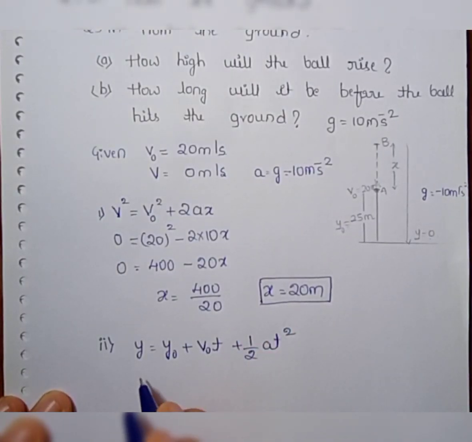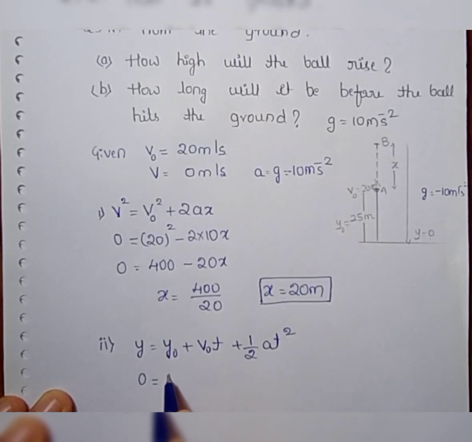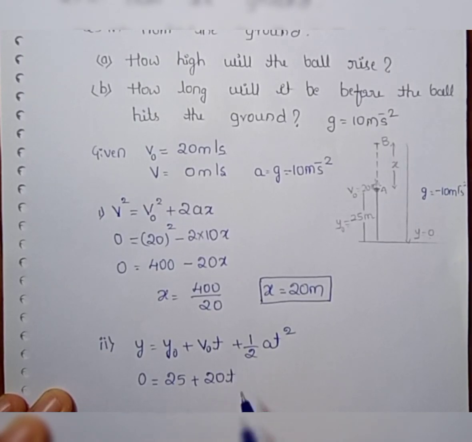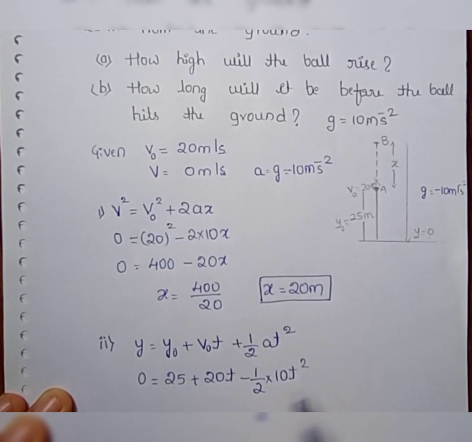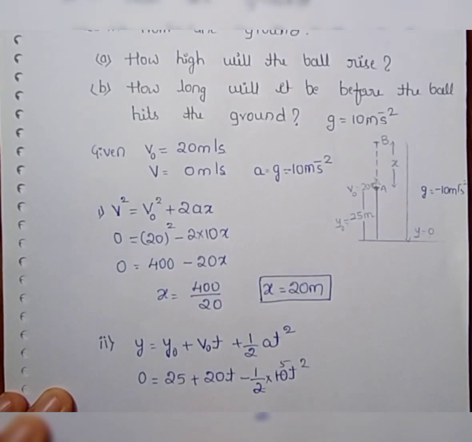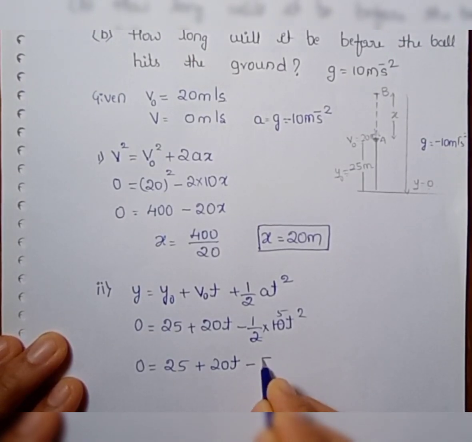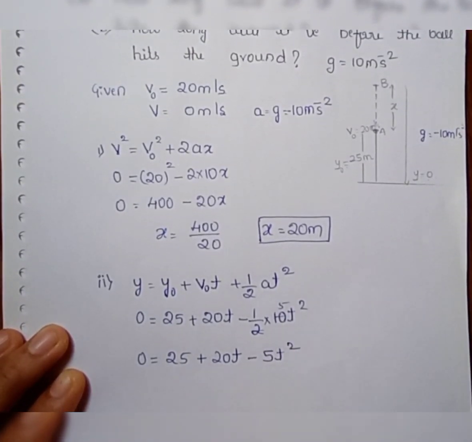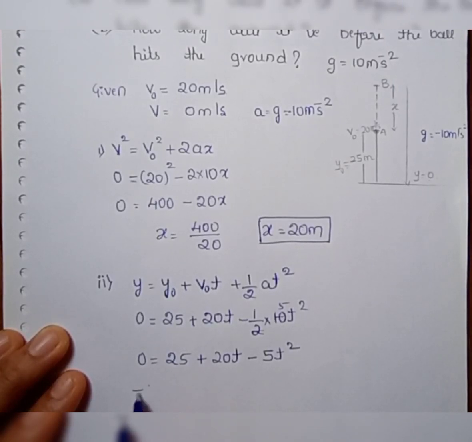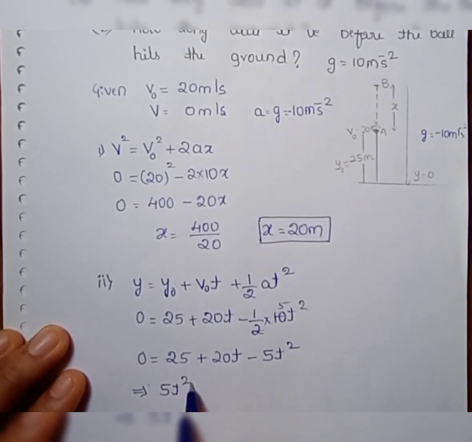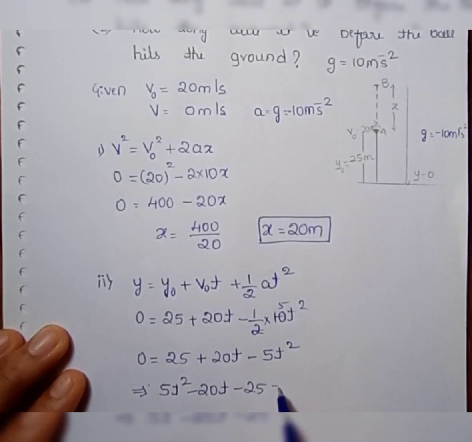Substitute all the values, then we will get 0 is equal to 25 plus 20 into t minus 1 by 2 into 10 t square. 2 ones are 2, 5 2s are 10, which is equal to 0 is equal to 25 plus 20t minus 5t square, which is equal to 5t square minus 20t minus 25 is equal to 0.